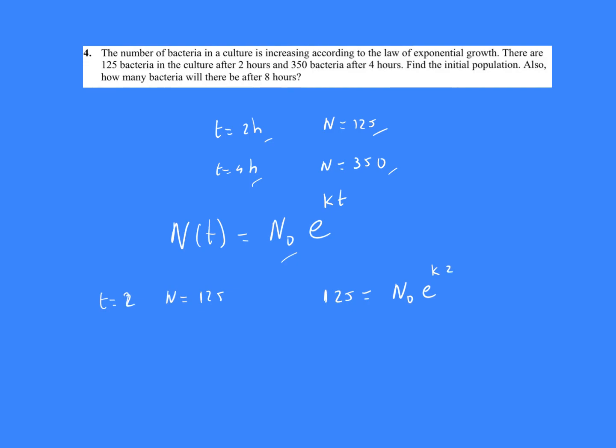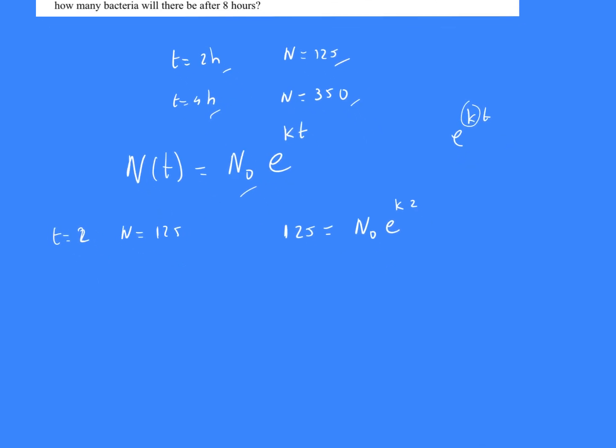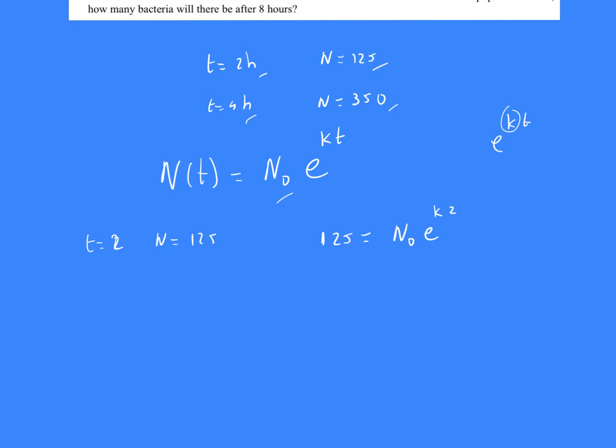So k is something per hour. k times t has no units. So in e to the kt, k has the unit of second to the minus 1 or hours to the minus 1. In this case, we'll have the unit of hour to the minus 1. So this is the first equation.